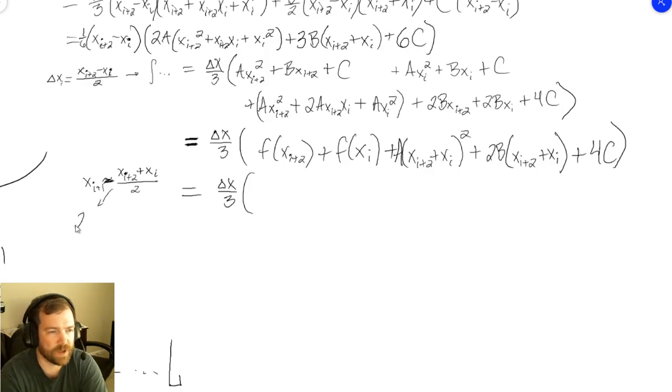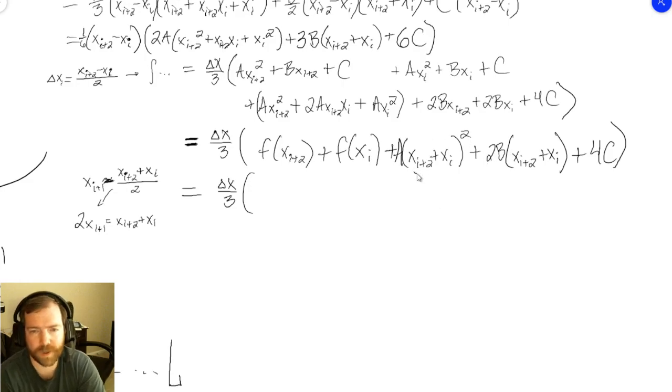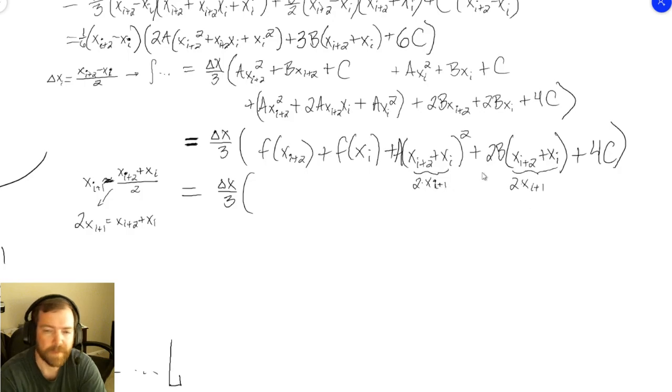Which then means that twice x sub i plus 1 is equal to the sum of x sub i plus 2 and x sub i. Oh look at that, we have that, twice x sub i plus 1, for both of these.